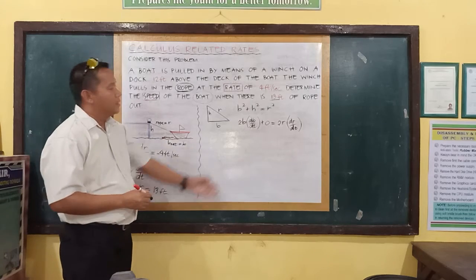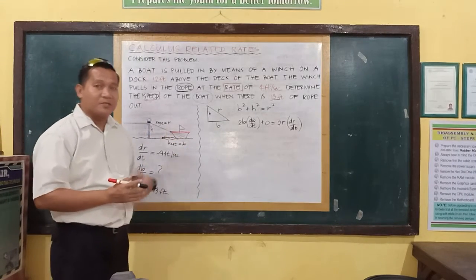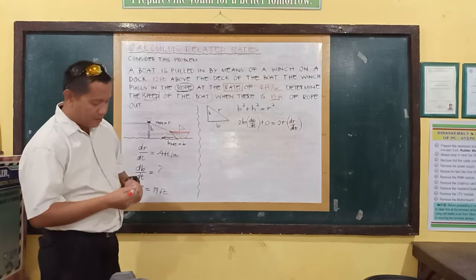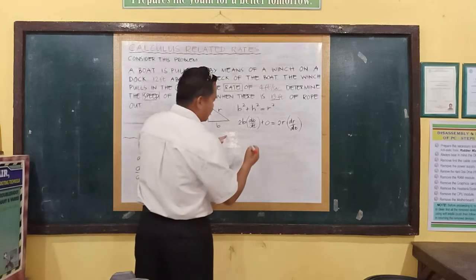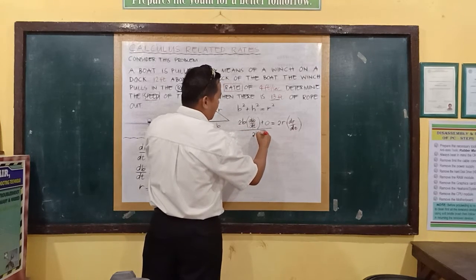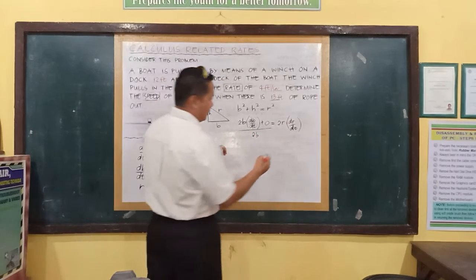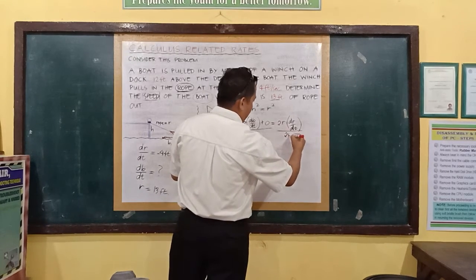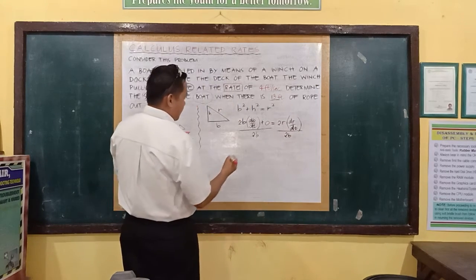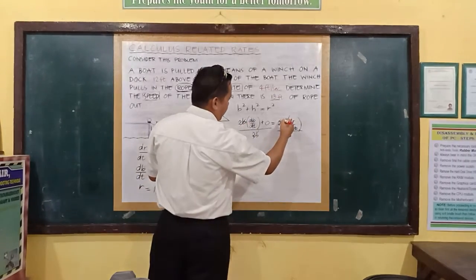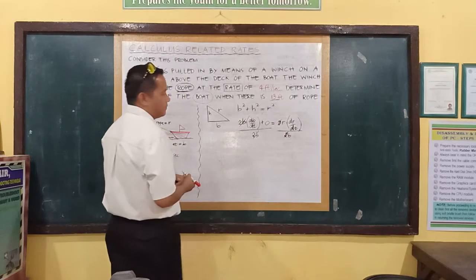Now, to continue the process, we can cancel out the 2R, meaning we are going to divide both sides of the equation by 2R. Okay? So cancel it out, and here we have that one.